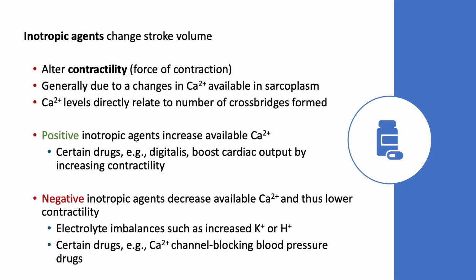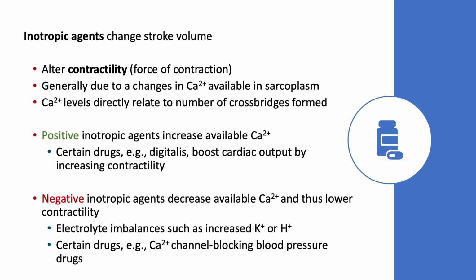So positive inotropic agents then are going to increase the amount of available calcium within those contractile cells. And that's going to lead to that more forceful contraction. So you can imagine, let's say you need to increase the contractility of your heart for some reason. Well, there's certain drugs like digitalis, they're going to increase the calcium within that contractile cell, leading to a more forceful contraction and therefore greater stroke volume.